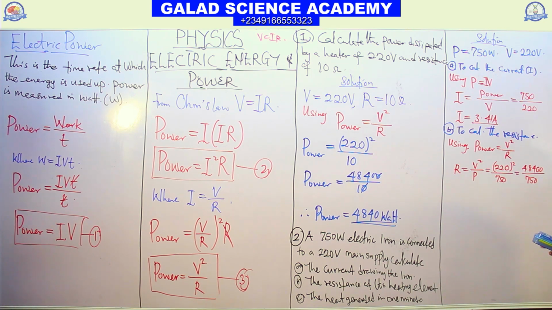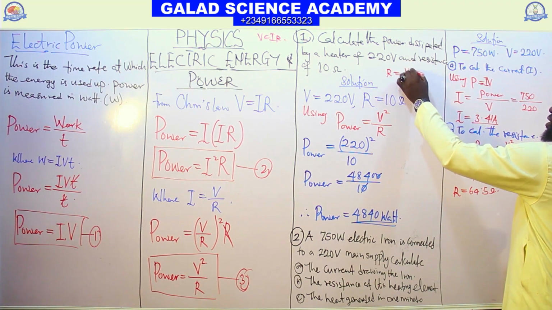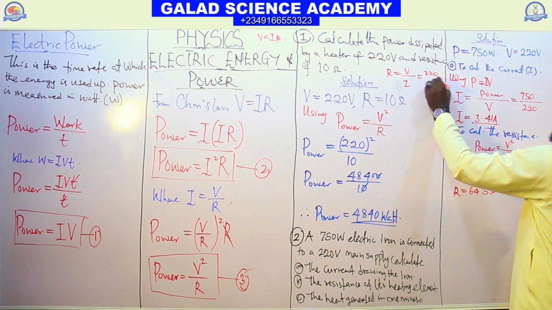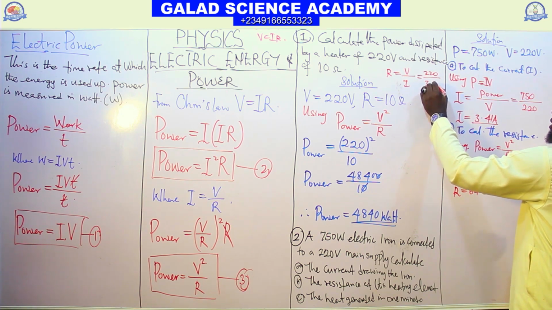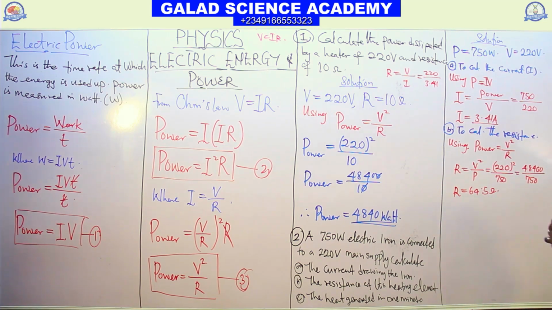We have 64.5. So the resistance is 64.5 ohms. If we apply Ohm's law, the resistance is equal to V over I, 220 over the current 3.41. If you compute it, you must get the same thing. So this is the answer for resistance.